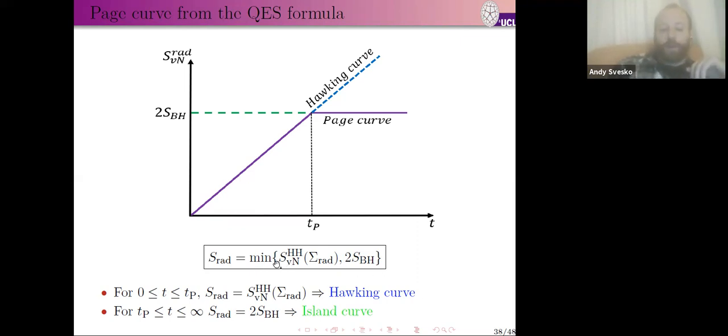And so initially, for times less than the Page time, you find that the minimum of these two quantities is just the radiation entropy that follows the Hawking curve. And then after the Page time, you find that the minimum is given by twice the black hole entropy. And so together, the Hawking curve and the island curve give you the Page curve.